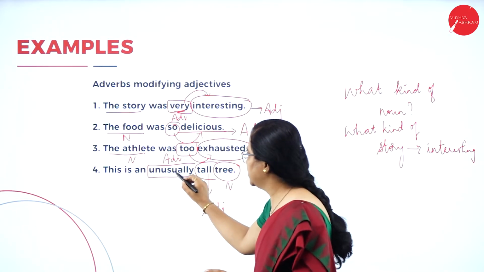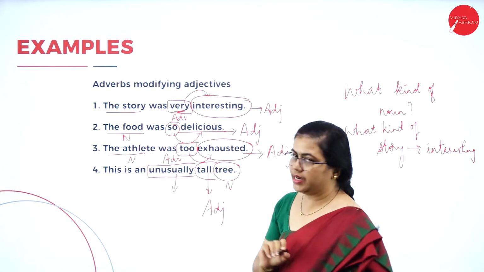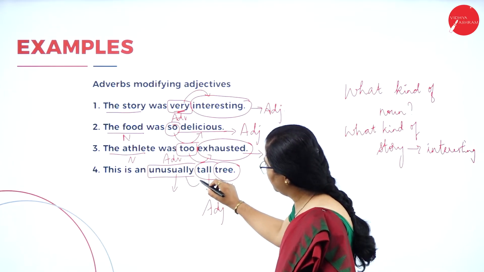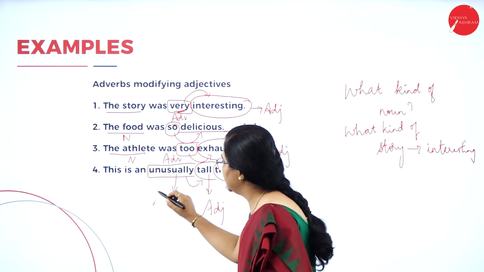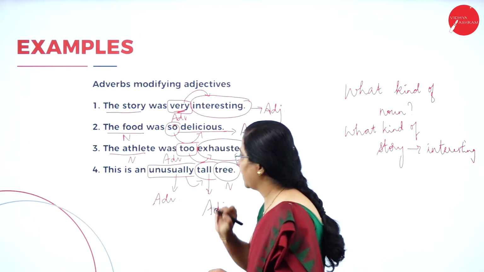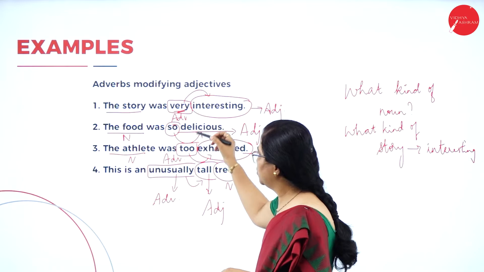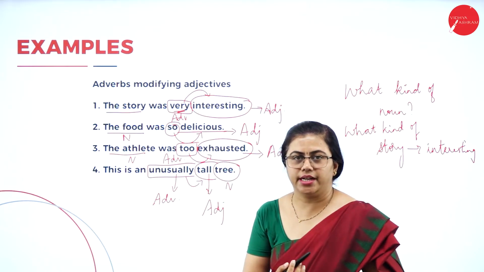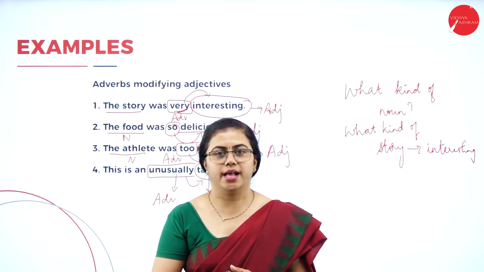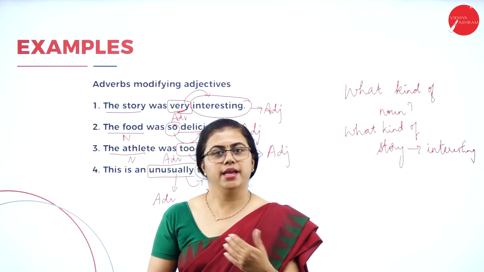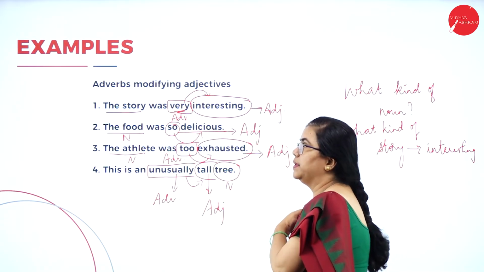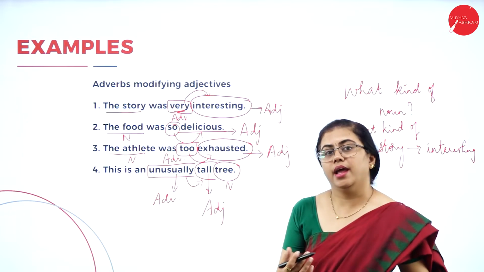So this is modifying another adjective. Unusually is modifying another adjective. That is an adverb. So those words that modify another adjective can also be considered as adverbs. So, these were the examples of words that modify adjectives.